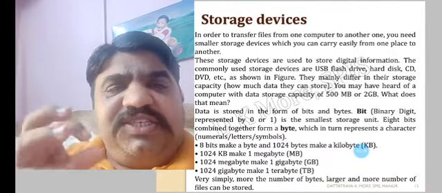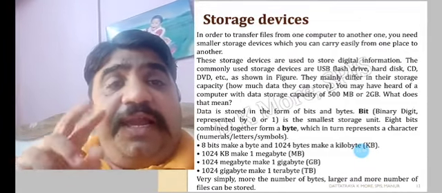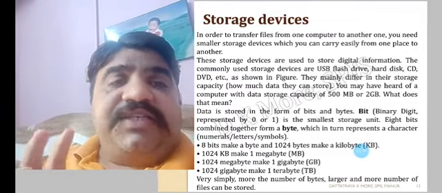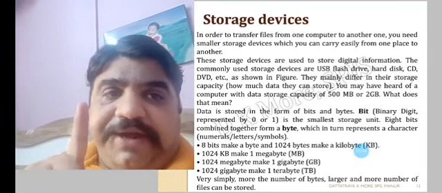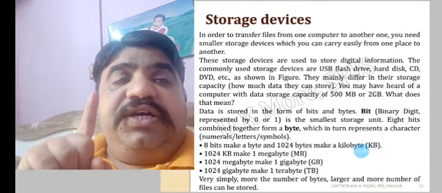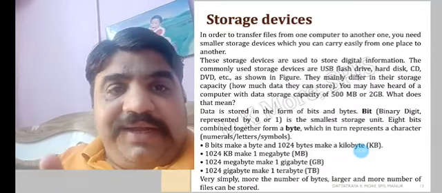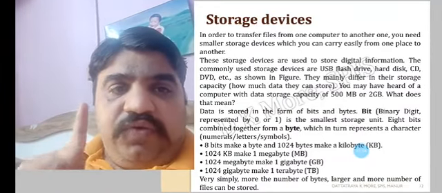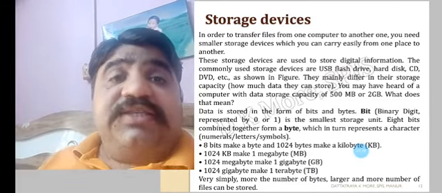Bit is the smallest storage unit. 8 bits combined together form a byte, which in turn represents a character, maybe a numeral, a letter or a symbol. One character, one number or one symbol. So that is a byte.